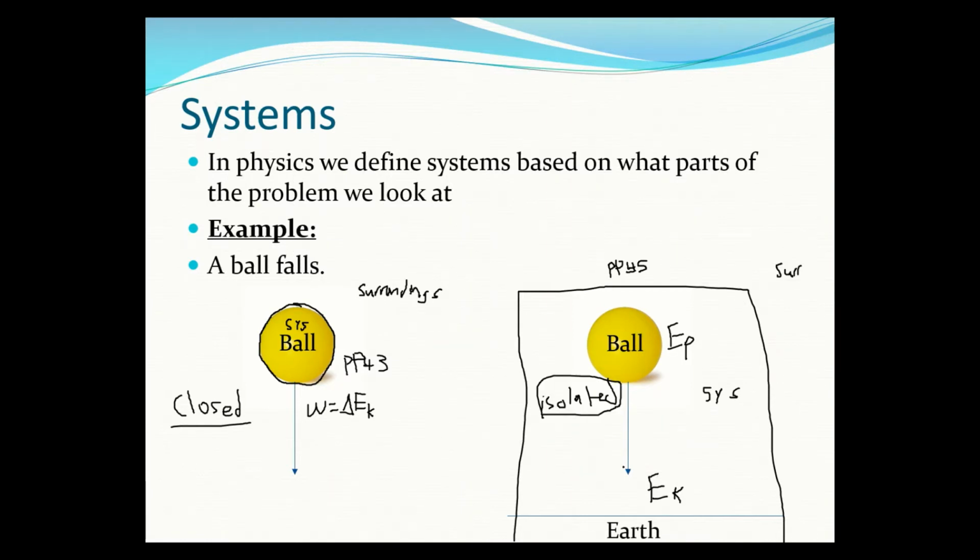All of that energy is staying within our system. And even if there's friction, it's still going to the air within our system, this box here. So same problem, just two different ways of looking at it. So we need to definitely define what our system is, put a box around it, put a circle around it, before we can say what type of system it is, and both will work.